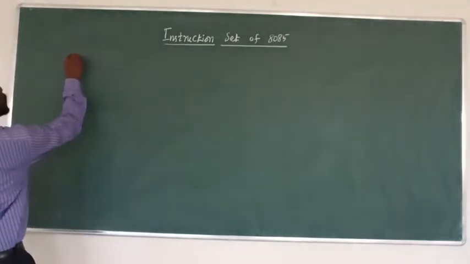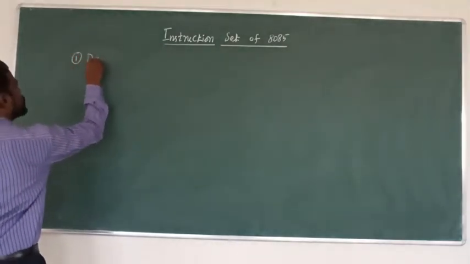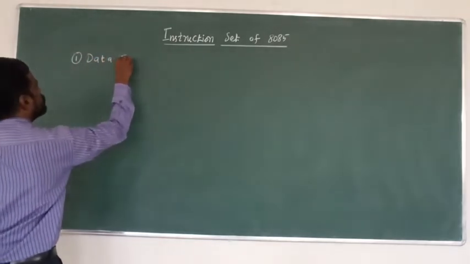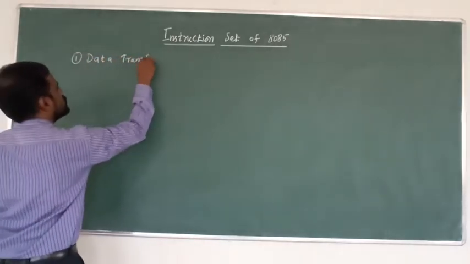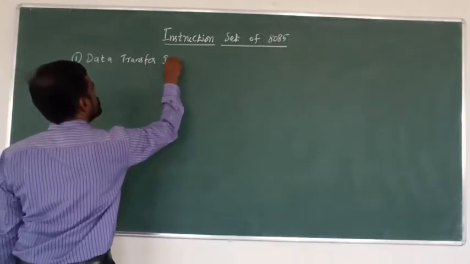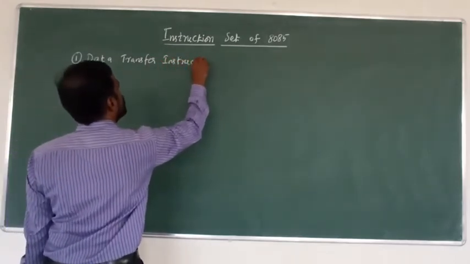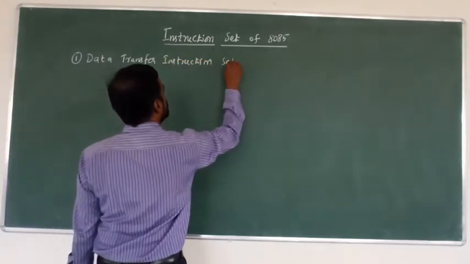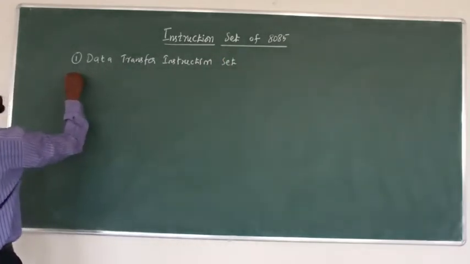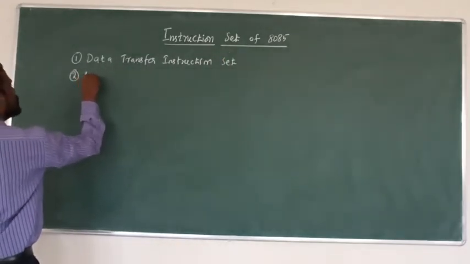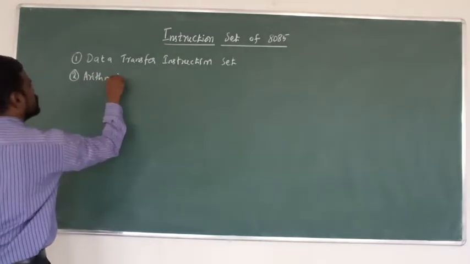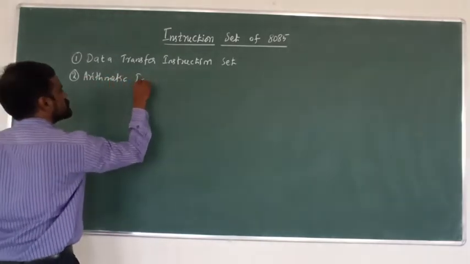Now the 80 instructions are divided into 5 types. Number 1, data transfer instruction set. Second one, arithmetic instruction set.